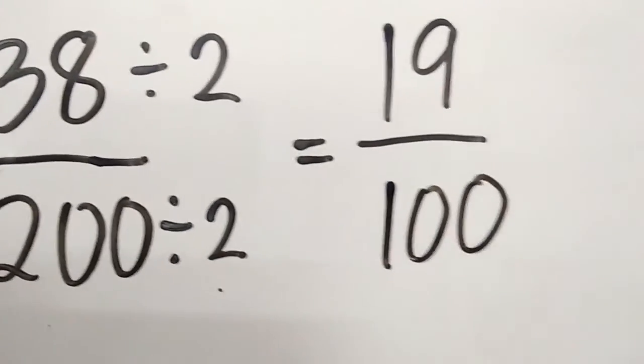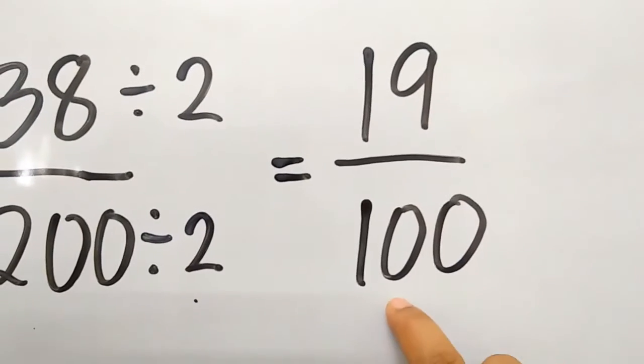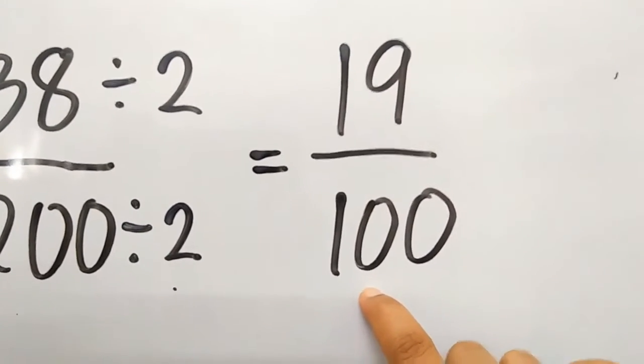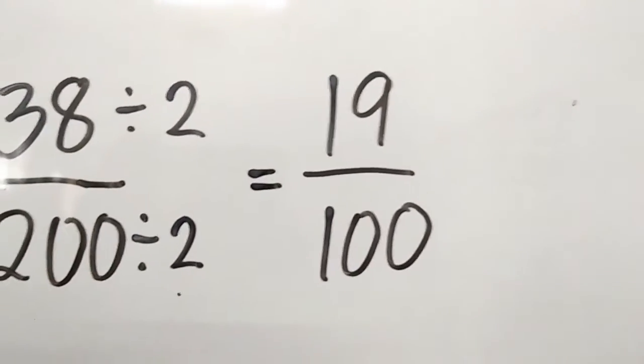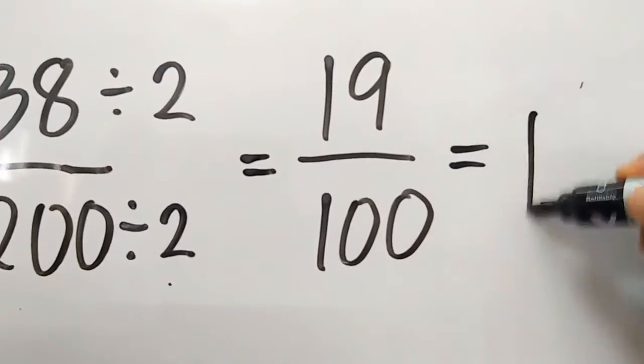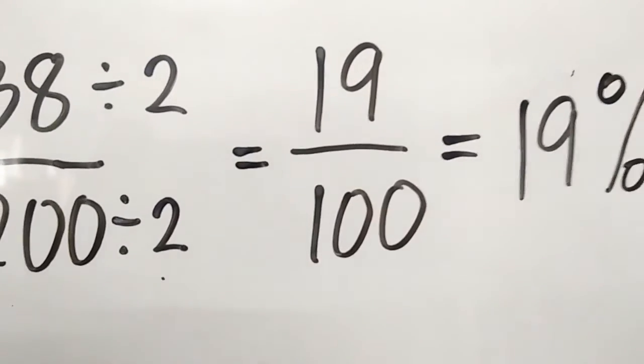Very good. So we have now 19 over 100. We already have the denominator 100. It means the percentage will be the number on the numerator. The numerator is 19. It means we have 19%.